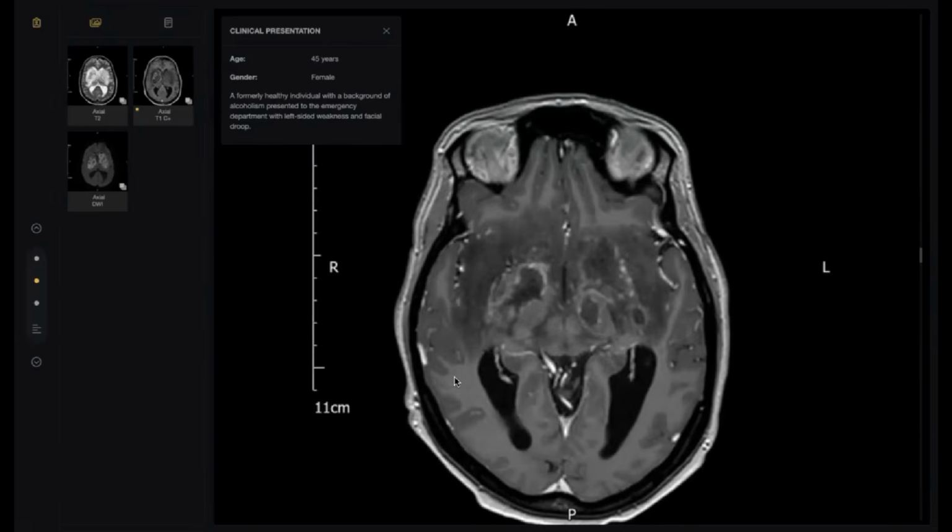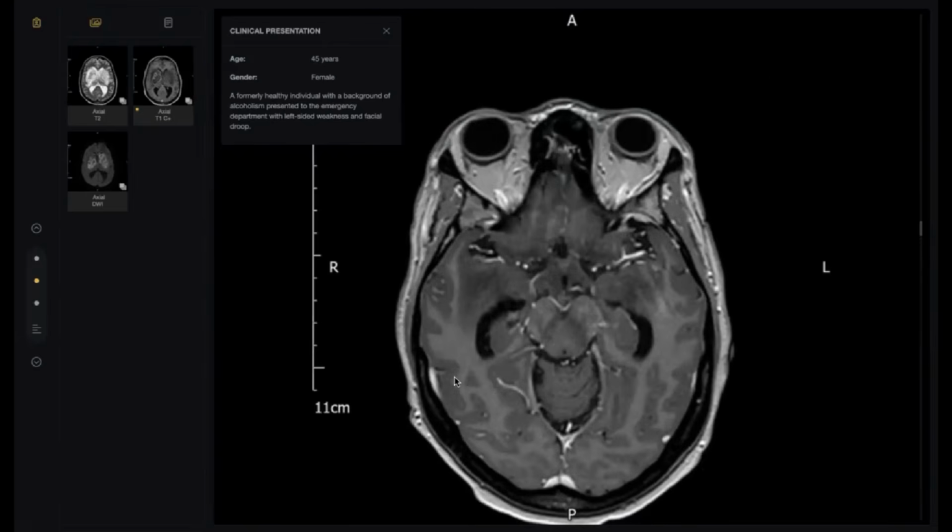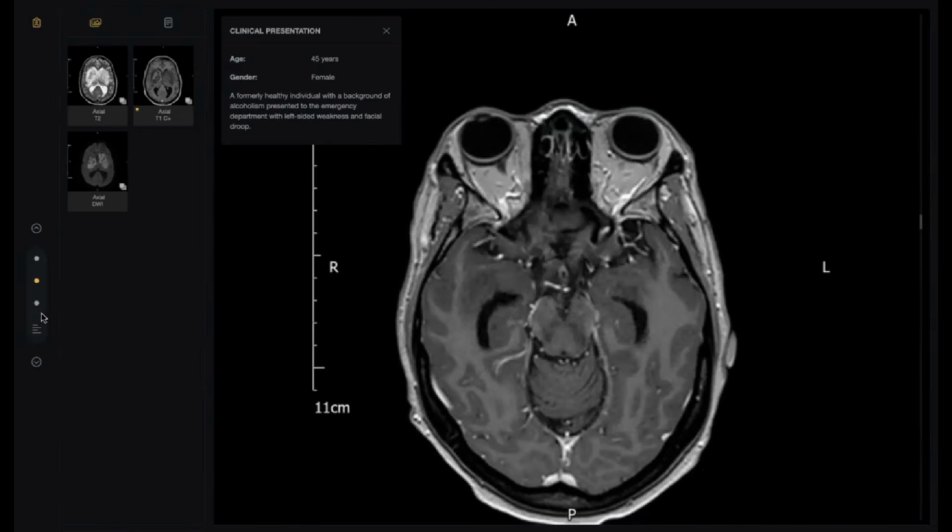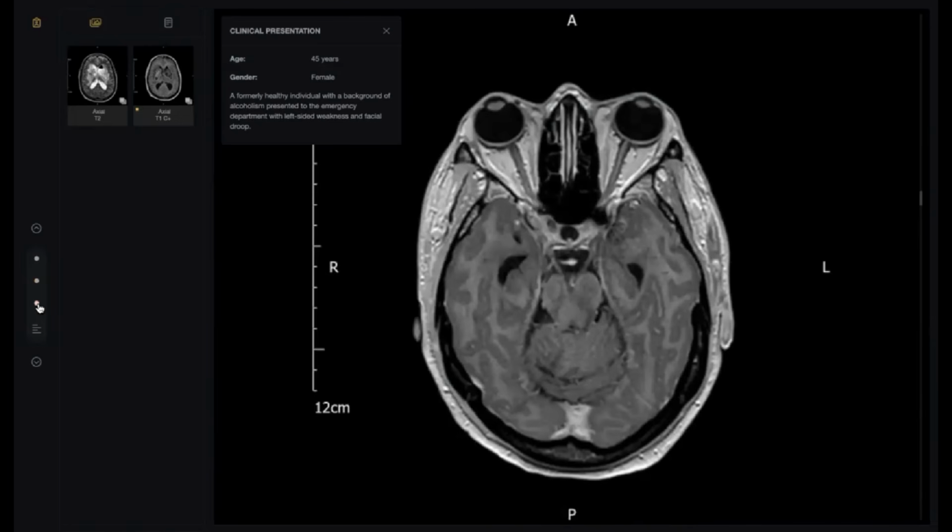Maybe fungal infection. Why? Because it's highly spreading. Further deterioration.